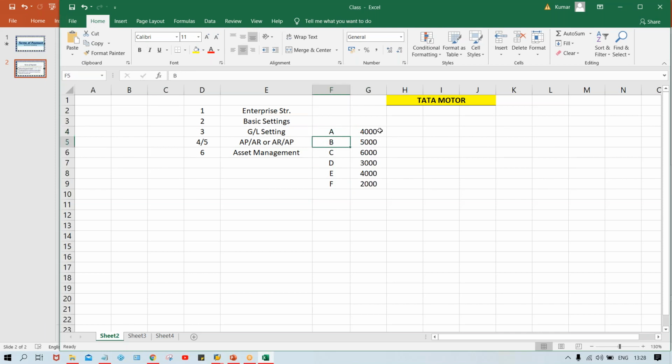Now, if you talk about the terms of payment, guys, there will be some negotiations. Who is going to make these negotiations? The purchase department. Tata Motor will have a purchase department. What is the work of the purchase department?